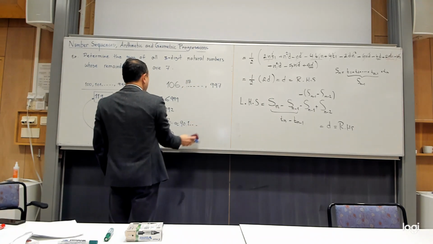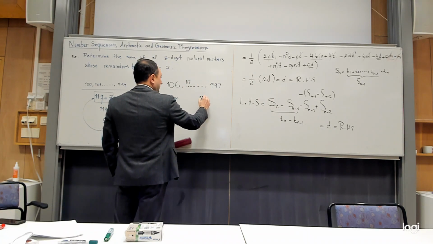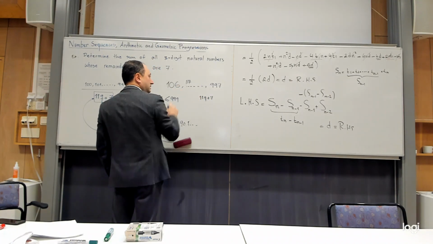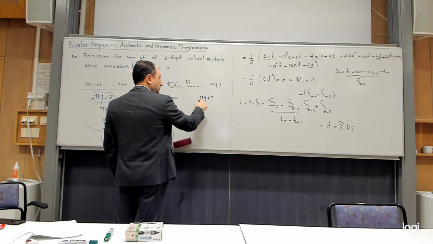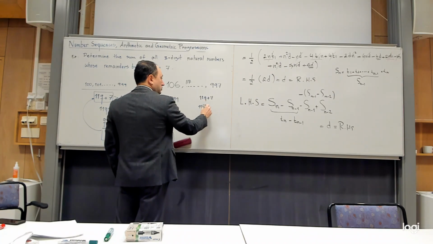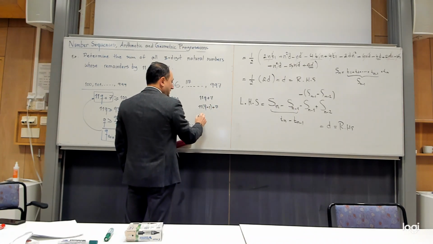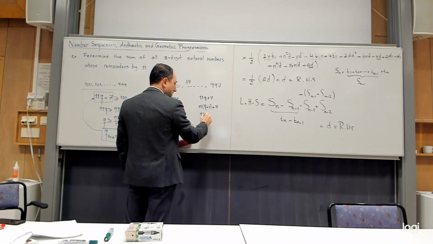Why is that? Because the number that I have is 11Q plus 7. If I ask you what is the next in this list, it means that I have to increase the quotient by 1 unit. Then this becomes 11Q plus 7, plus another 11.